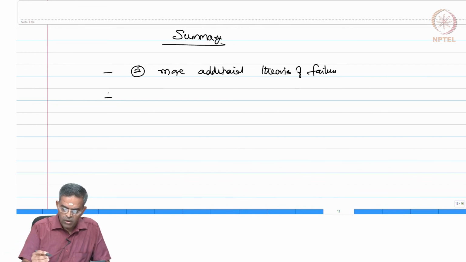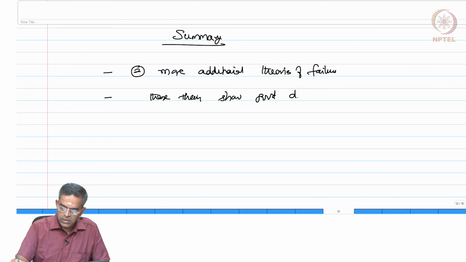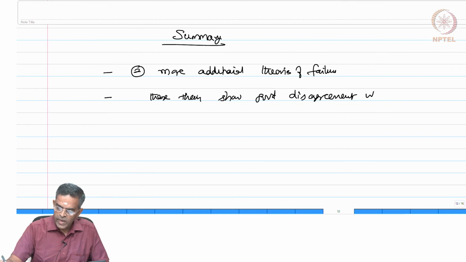We have also seen that these theories show good disagreement when the stresses are dissimilar in nature.